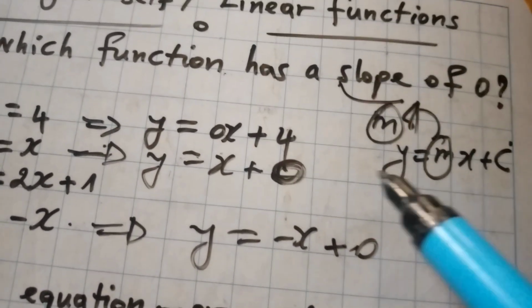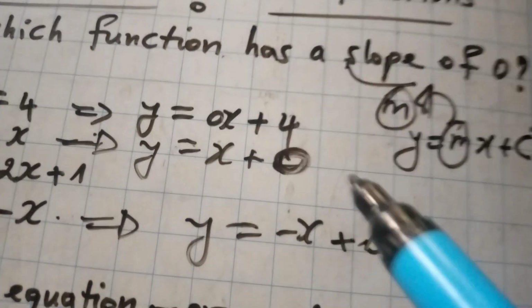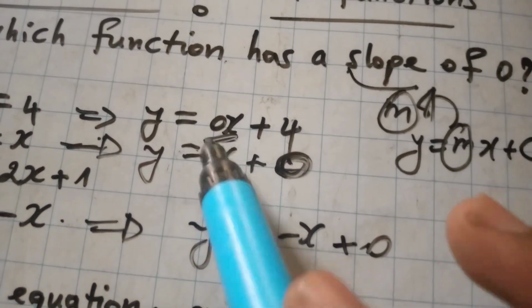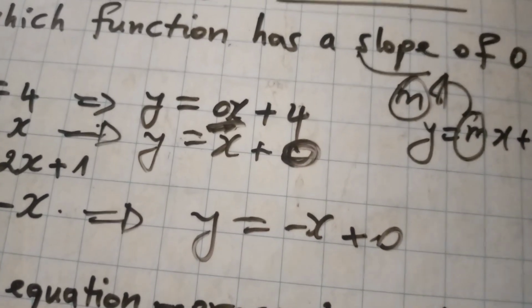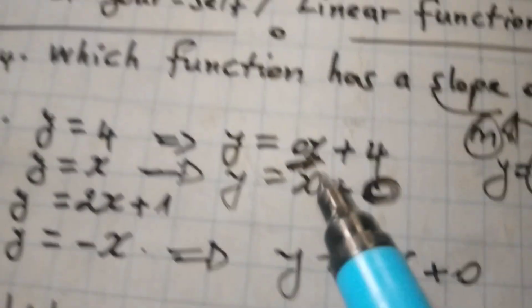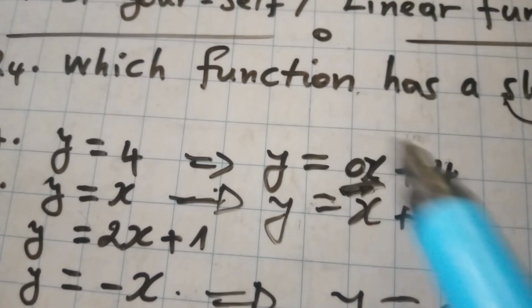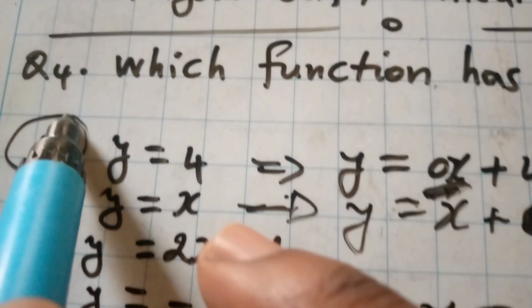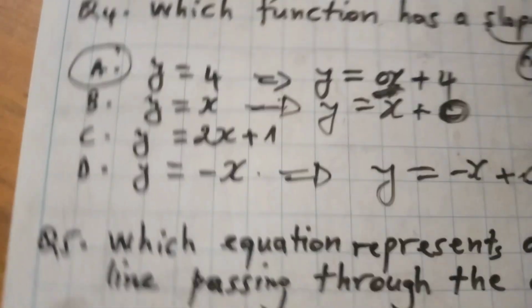We have to check from all those equations which one contains 0 as m. The m is 0 here, so here the gradient is 0. So we have the best choice as A, right?